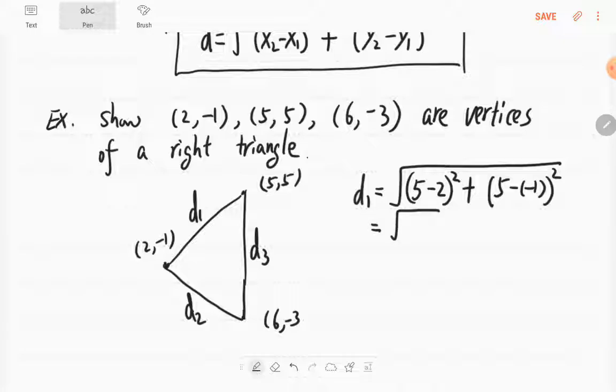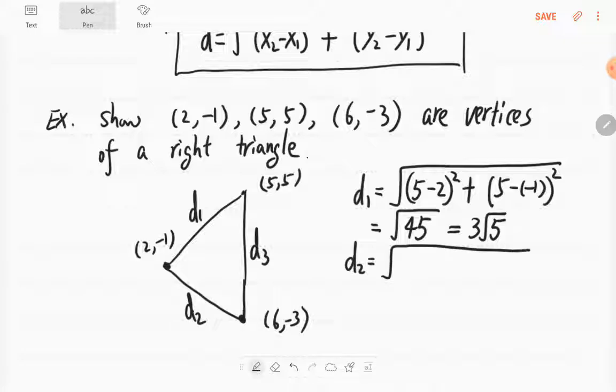If you calculate, this would be square root 45. Of course, you can simplify, but we don't care so far. This can be written as 3 square root 5 if you simplify it.